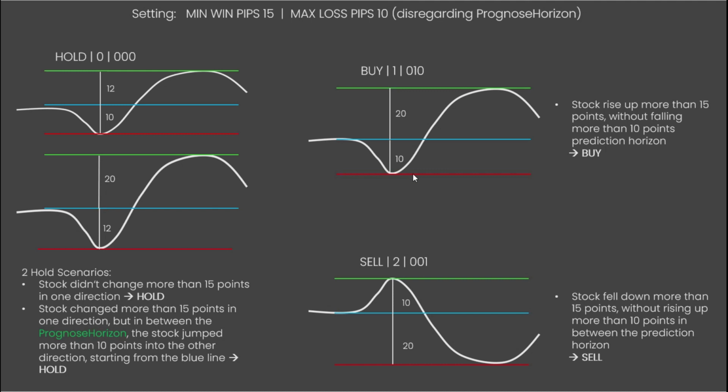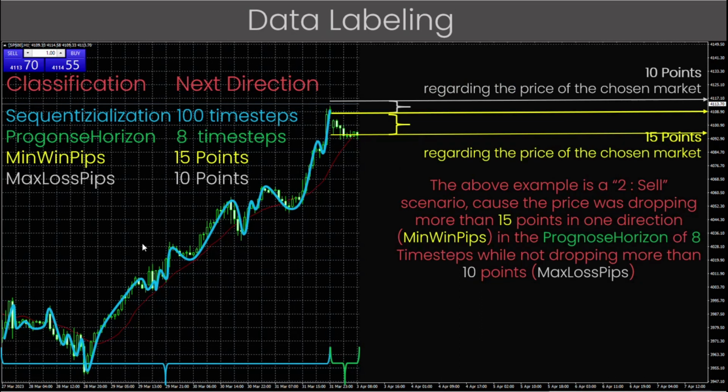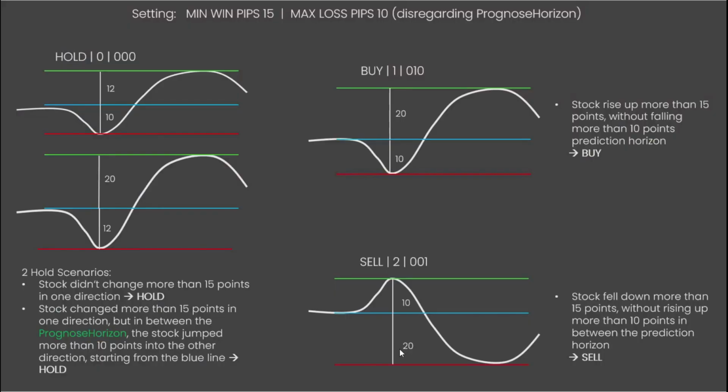And also if the price changed more than 15 points, but also got to the point where it was oscillating so strongly that it also exceeded the max loss pips value in the opposite direction, there will be no labeling as buy or sell, it will be hold.